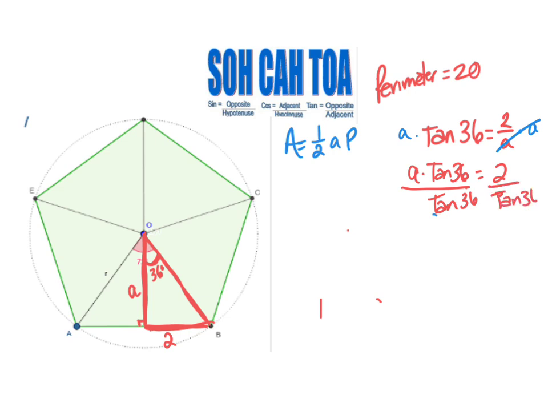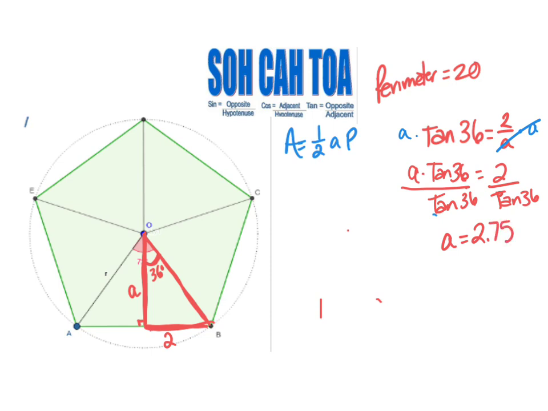Here I'm going to type in my calculator 2 divided by tangent of 36. These take just a little bit more work when that variable is in the denominator in your SOH CAH TOA. All right, I got a to equal 2.75.